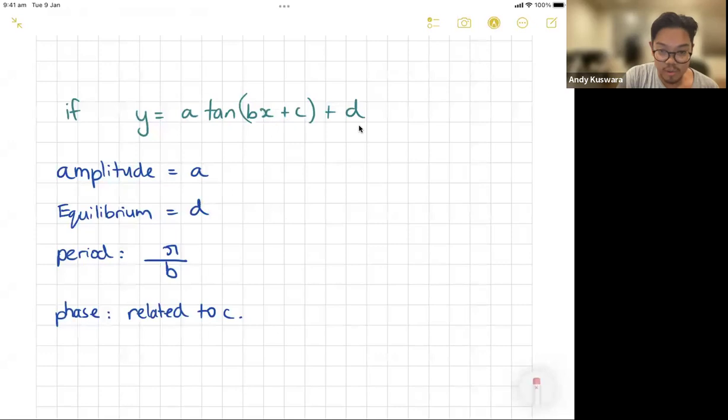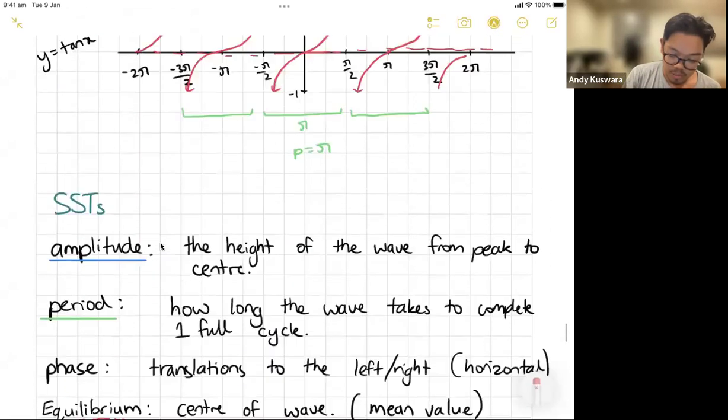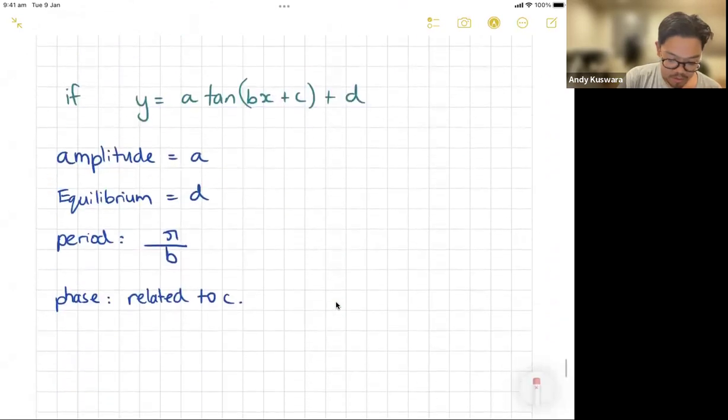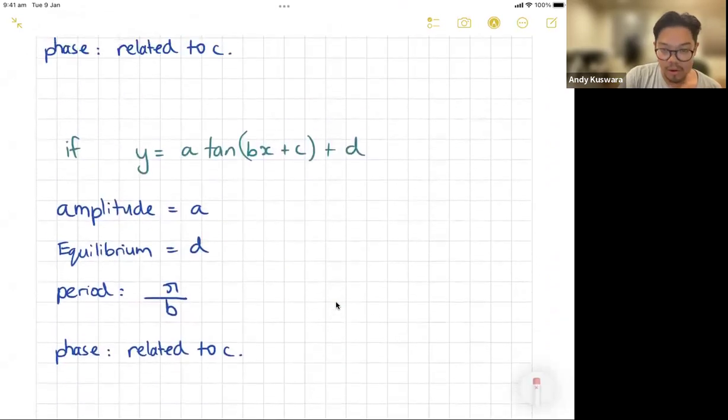Amplitude is still A, equilibrium is still D. Now your period, instead of 2 pi on B, which it was for the previous two, we noticed before that the period of tan was just pi. That means after every 180 degrees, it would repeat itself. So for your period here, instead of 2 pi on B, it's just pi on B. And again, your phase is related to your plus C.